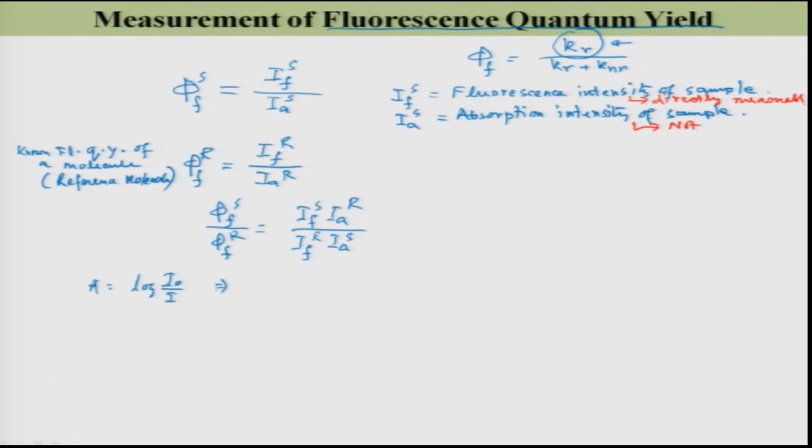So, that will give me minus A equal to 1 over 2.303 ln I by I 0. So, this I can write as equal to 1 over 2.303 ln, this I is equal to I 0 minus I a, right, I 0 minus I a by I 0, this is 0, right.